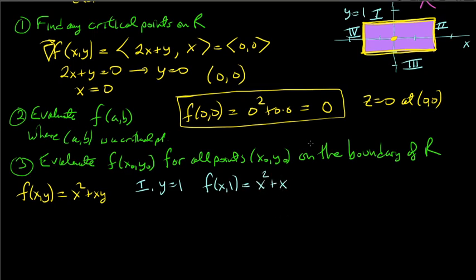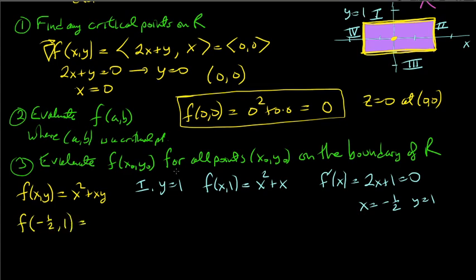Which is just a function of x, right? So if we take the derivative and set it equal to 0, what do we get? We get x equals negative 1/2, right? And y equals 1.